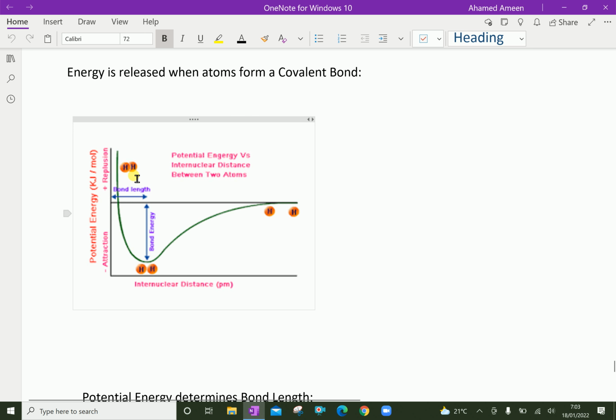Now, bonding has happened here. The two atoms have bonded and they are at their lowest potential energy. If they get any closer, repulsive forces will take over between the nuclei.